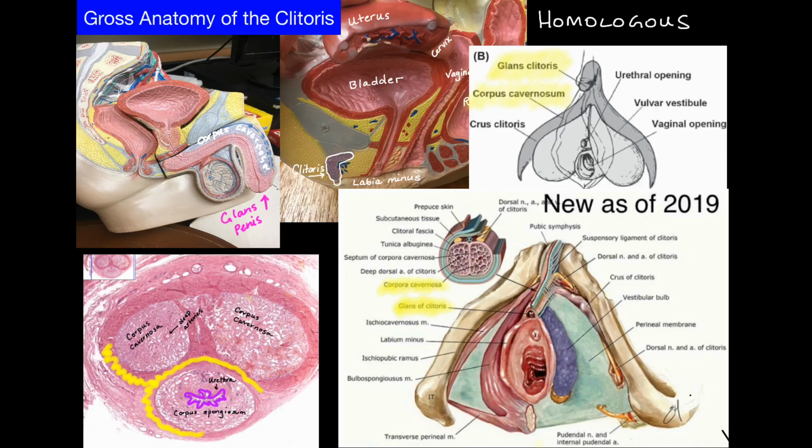So these tubes of erectile tissue, just like we saw in the penis, are bound by the sheath called the tunica albuginea. Remember, that's in yellow on my penis slide here. So the only thing that we don't see, we obviously don't see a urethra passing through the tube because the urethra in the female is below the clitoris. They're not combined. So we don't have that corpus spongiosum.